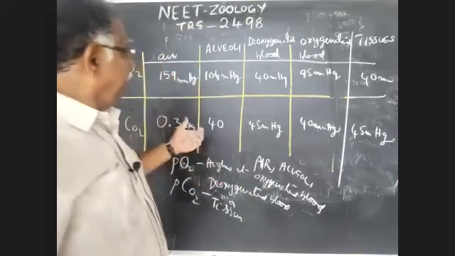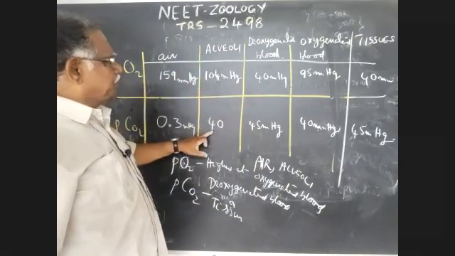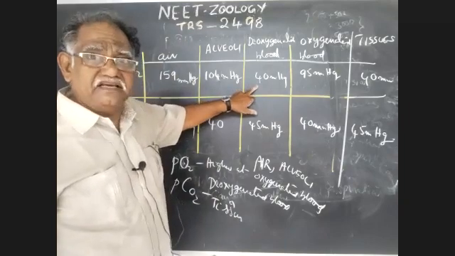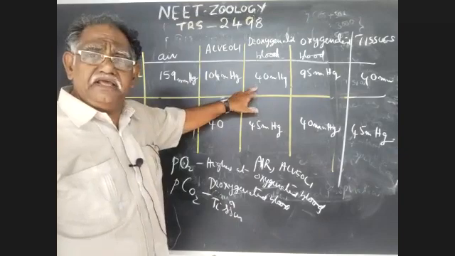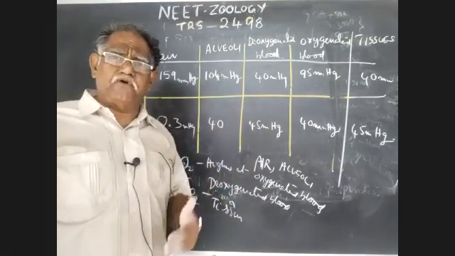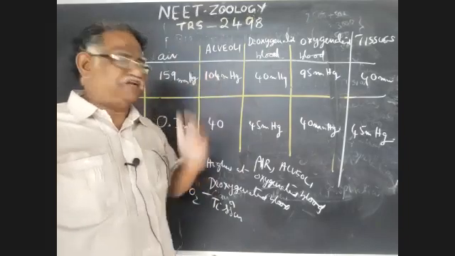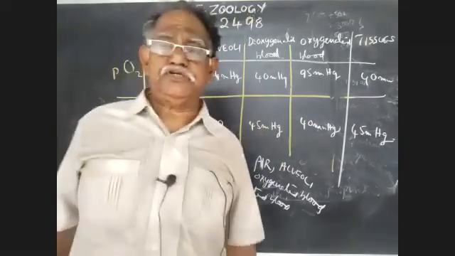So, in alveoli, PO2 is high, PCO2 is low. Deoxygenated blood flows in veins except the pulmonary vein. In all arteries, oxygenated blood flows except the pulmonary artery, which carries impure blood. Pulmonary is the reverse. So that is about the values of PO2 and PCO2.